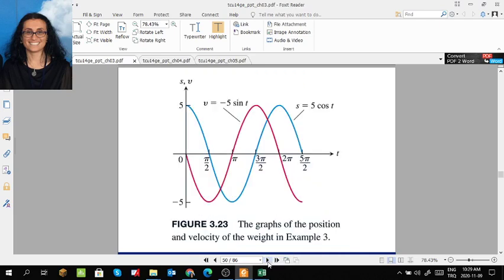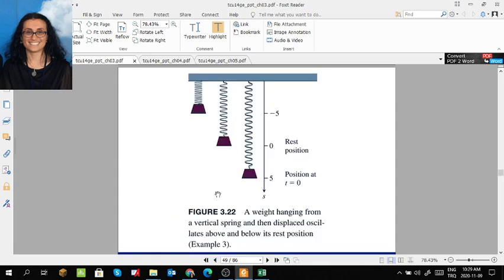Okay. In the problem actually, which we don't have here, if we go back to here, the distance function is s is equal to 5 cosine t. So in other words, this displacement, this moving up and down, is the position function, we can say.